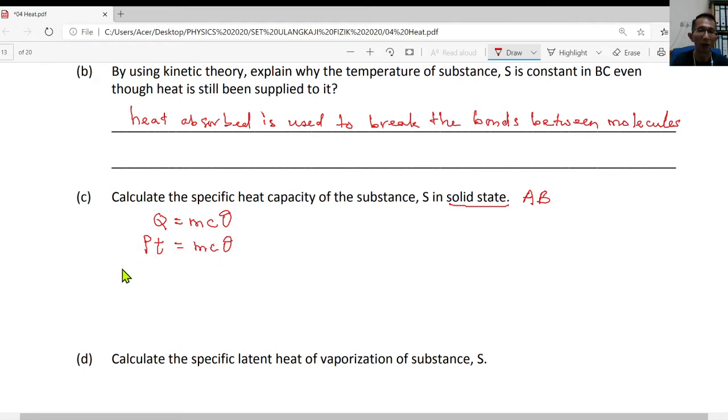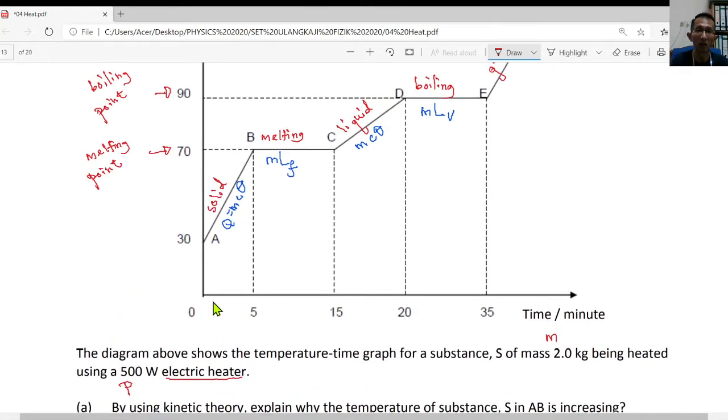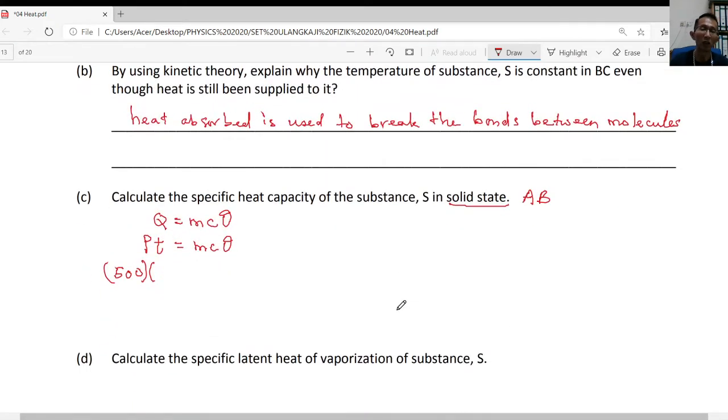The power is 500 watt and the time for AB, if I go to the graph, is 5 minutes. But again, we don't work with minutes, we work with seconds. So you convert 5 minutes to seconds, that will be 300 seconds.